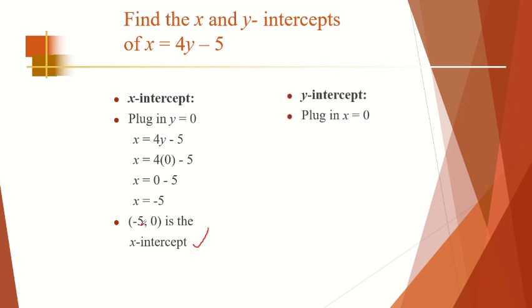So for the y-intercept, you are going to plug in x to be equal to 0. It became 0 already. Now, I moved this 5 to the other side.